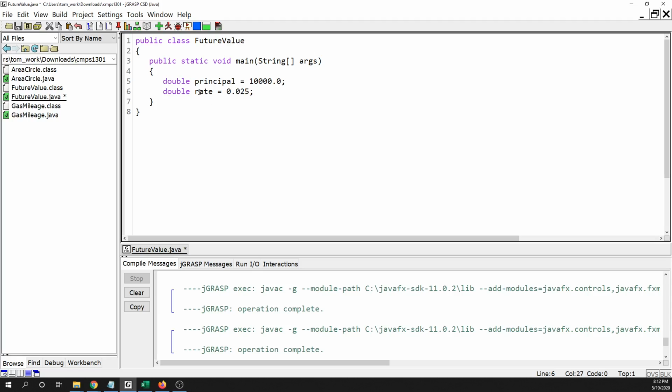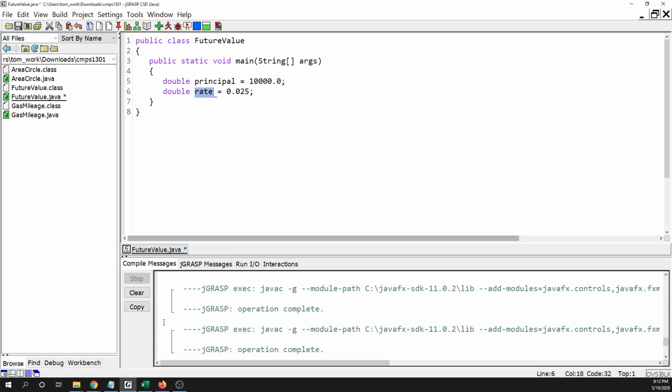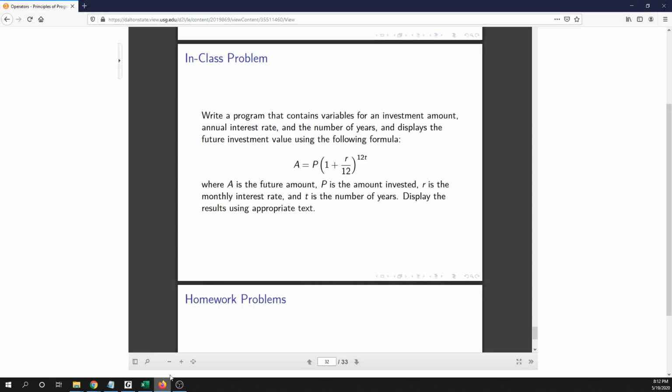Someone who sees the variable rate knows almost immediately that they're talking about the rate. Plus, it's easier for you to remember if the code is complicated. If you just have R or whatever, you might have to keep constantly referring back: okay, what was that again? So it's just easier if you have descriptive variable names to read your own code and for others to read your code as well.